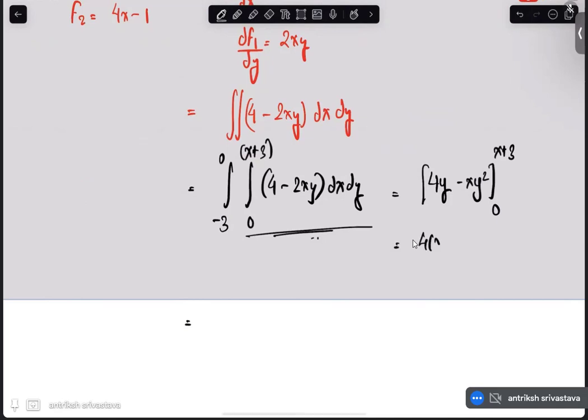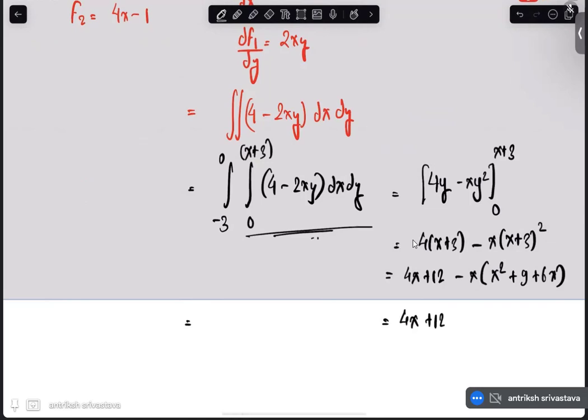So 4 times x plus 3 minus x times x plus 3 whole square. 4x plus 12 minus x times x square plus 9 plus 6x. 4x plus 12 minus x cube plus 9x, oh sorry, minus 9x minus 6x square.